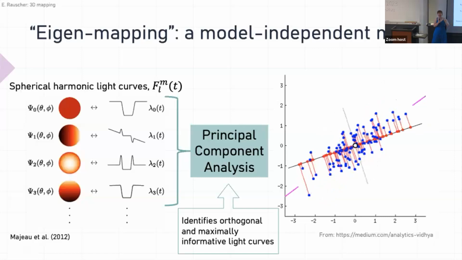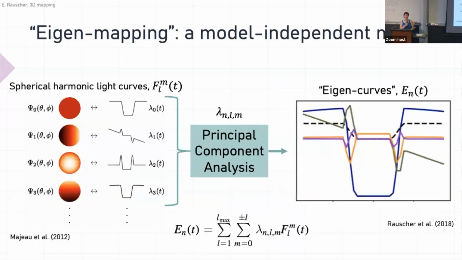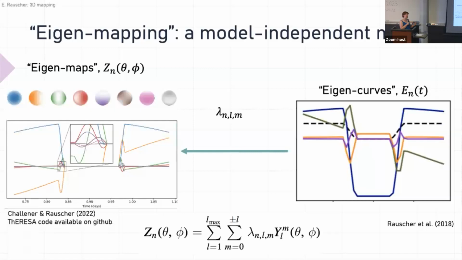And what you get out of this then are light curves that are orthogonalized, so they're not going to be degenerate in your fit, and they're ranked in terms of how much variation they could explain in your data. And so you know which ones have the potential to be maximally informative. So you can then fit with those, what we called eigencurves. And each eigencurve is a sum of spherical harmonic light curves, which means each eigencurve also corresponds to a map that is a sum of spherical harmonic maps. And so the math of it is really quite elegant and fun.